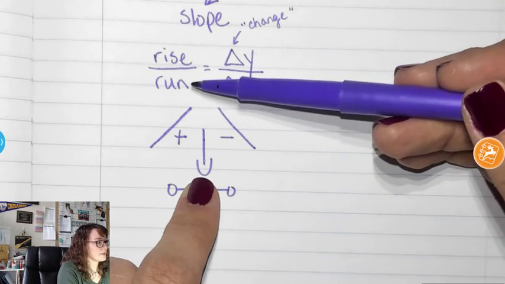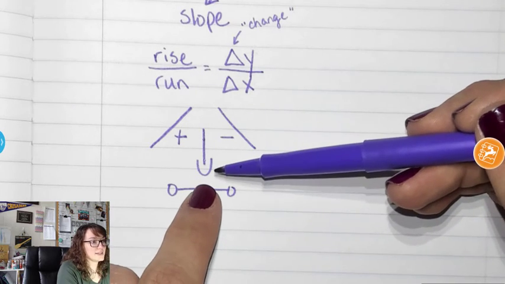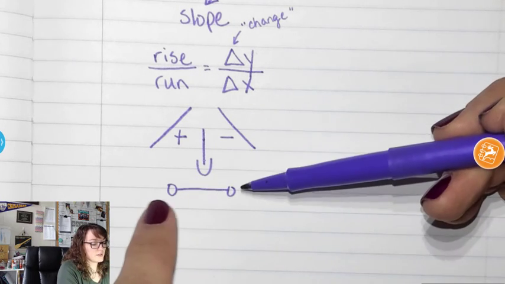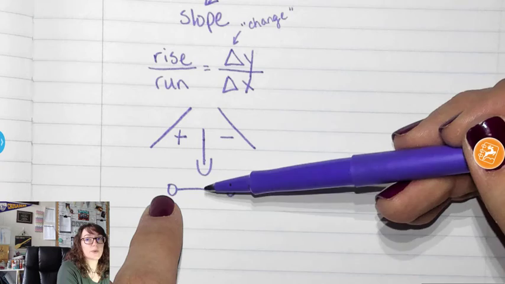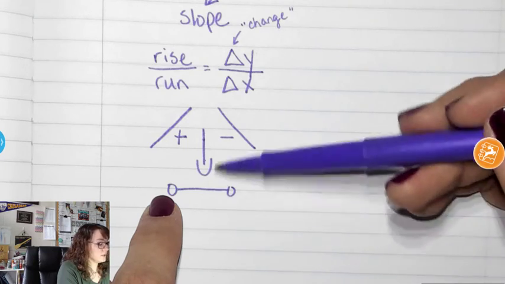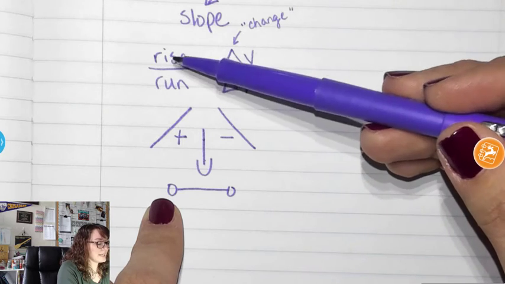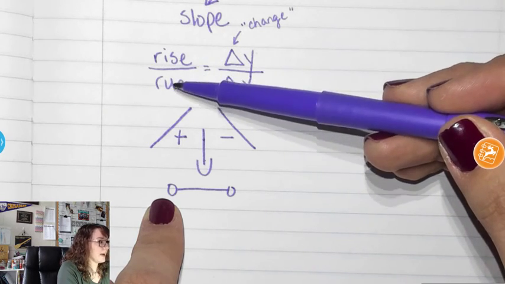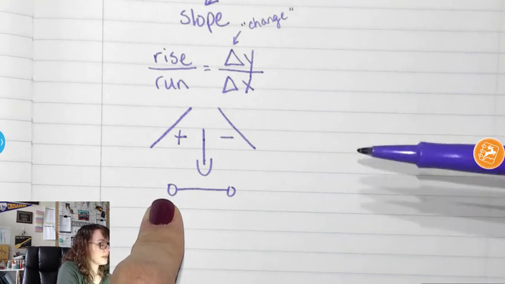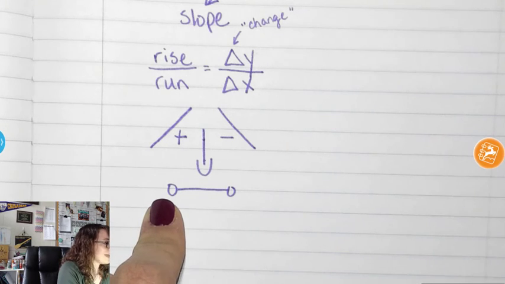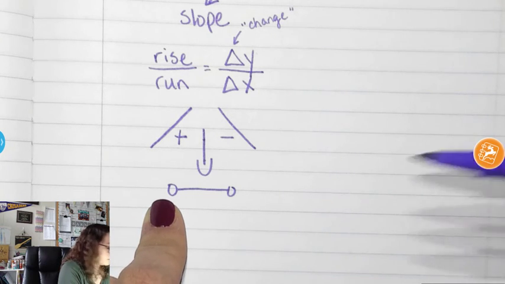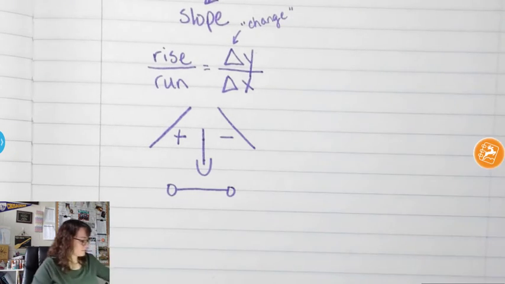Can you divide by 0? That's why it's undefined. This one going left to right. Is there any rising? Does it go up and down at all? No. Is there running from left to right? Yes. So it would be 0 divided by something. And that's 0. You can take nothing and share it with people, but you can't take something and share it with no one. So those are all the slopes.